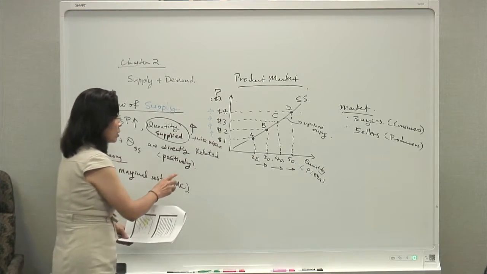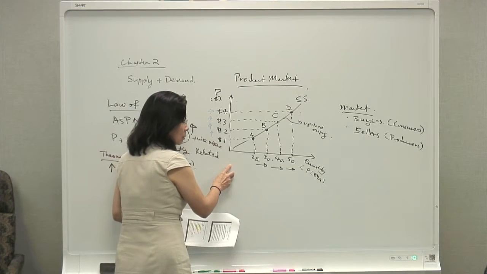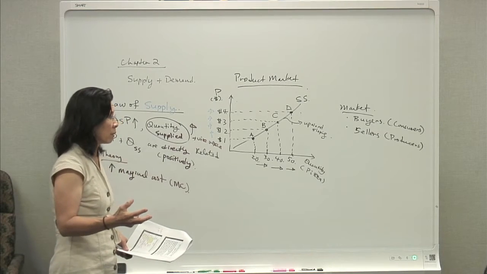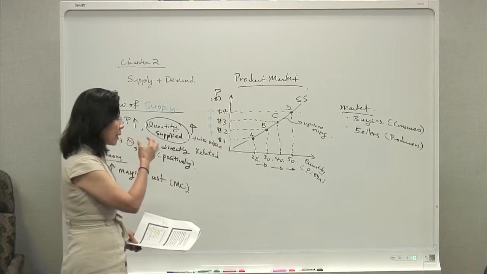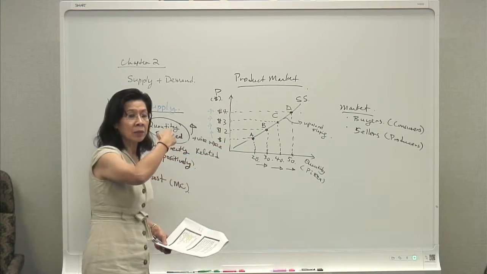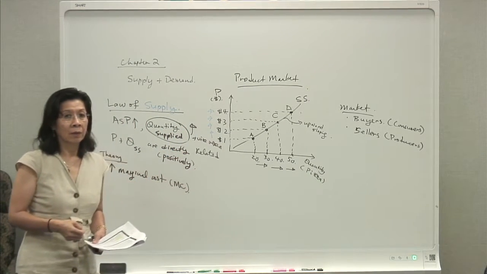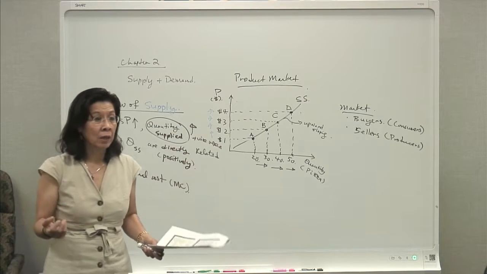So as you try to collect more and more of these aluminum cans, it gets harder and harder. Your marginal cost of producing it gets higher and higher. It costs more now in terms of your time.